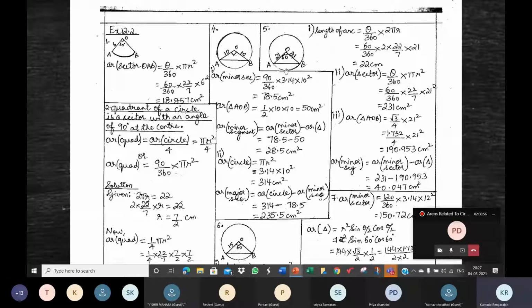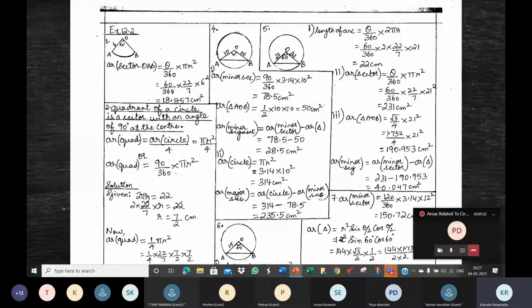These three pieces make the boundary of the major sector: OA, major arc AB, and BO. We already know OA is 21, OB is 21. So we just have to find the length of the major arc AB.